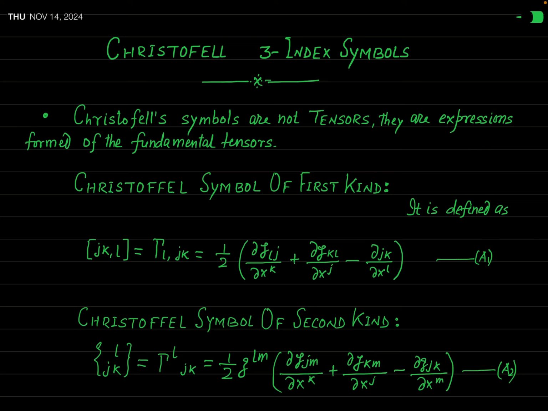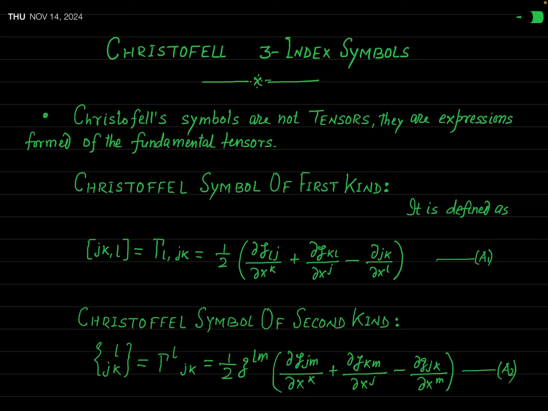So this is a very important fact that Christoffel symbols are not tensors because they do not get transformed obeying the transformation law of tensors. So in this lecture, we will first of all define these Christoffel symbols, and then we will see how they actually get transformed.